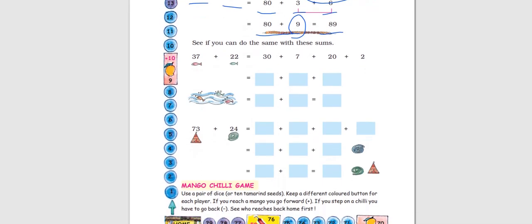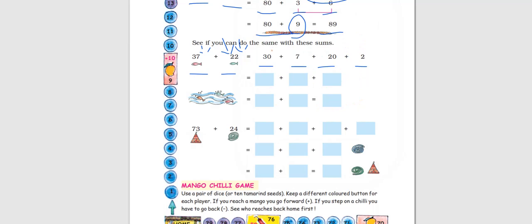Okay, let's see if we can do the same with these sums. 37 plus 22. The first step is done for us. You have 37 is 30 and 7, 3 tens and 7 ones. Now 22 is 2 tens and 2 ones. So 20 is 2 tens and 2 ones is 2. Now, how do we solve this?